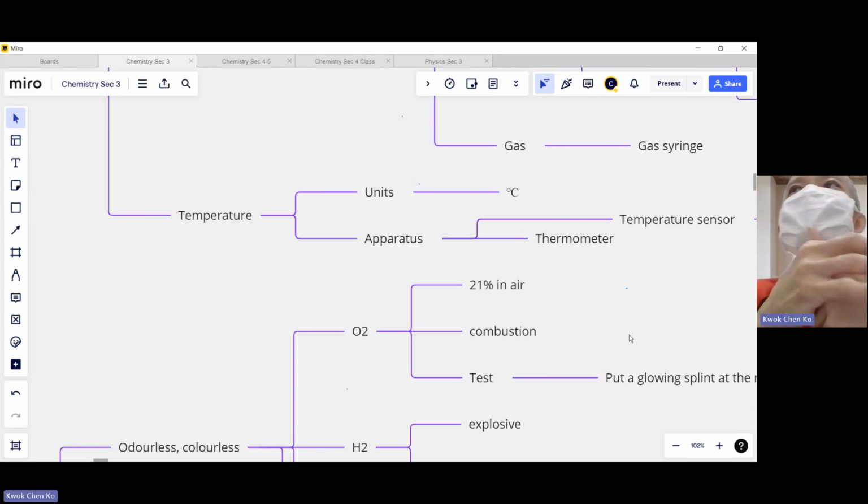What's the SI unit of temperature? Kelvin. But like I say, you won't see it in chemistry, so it doesn't matter. This too, no problem. Have you seen this before? Temperature sensor? No, I don't have an actual sensor with me.